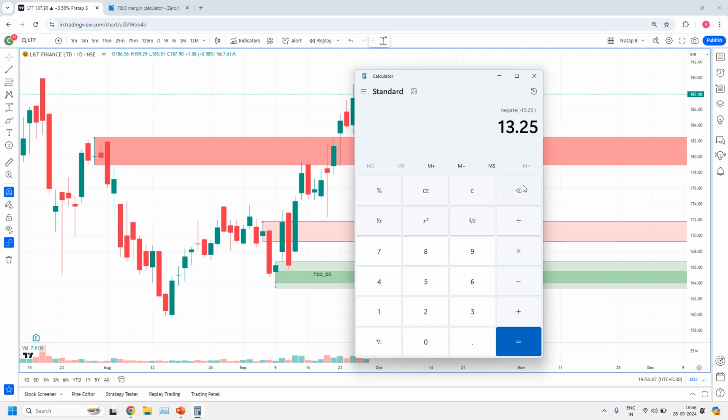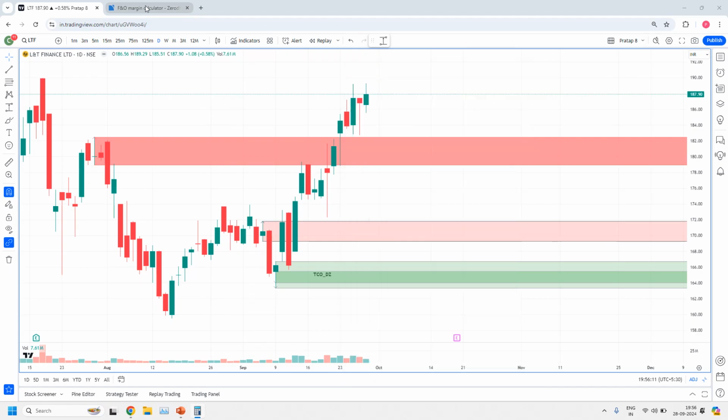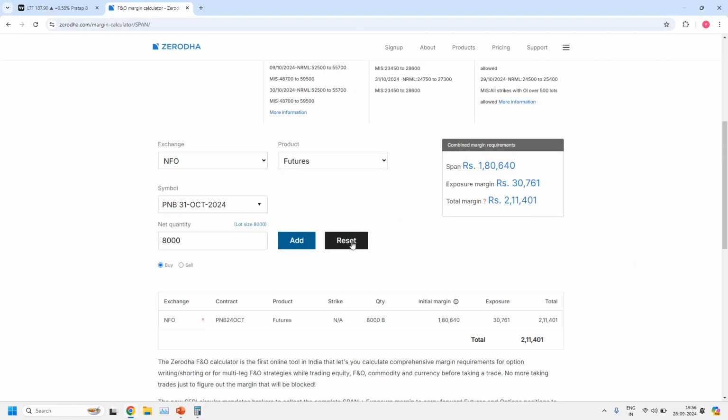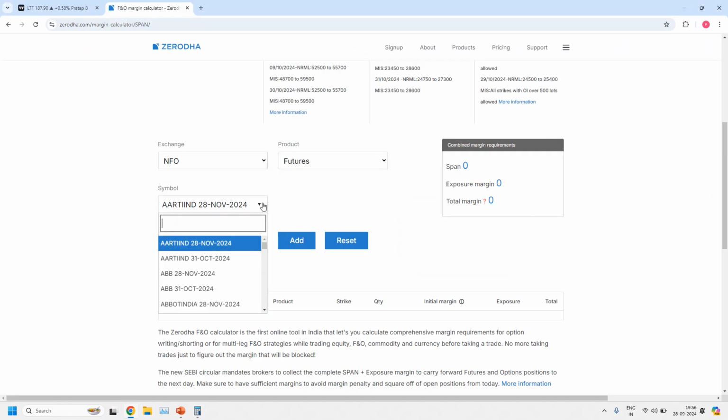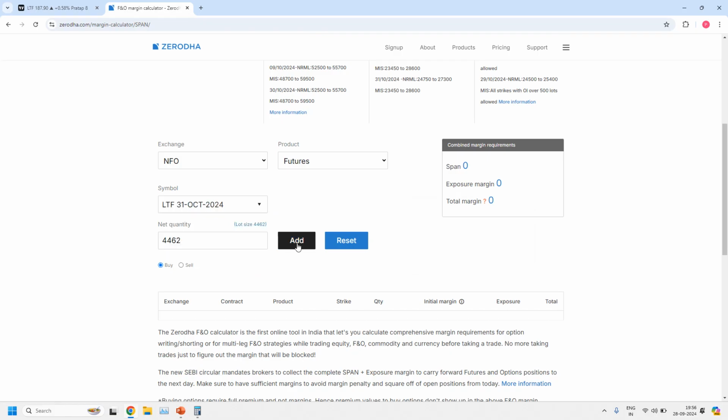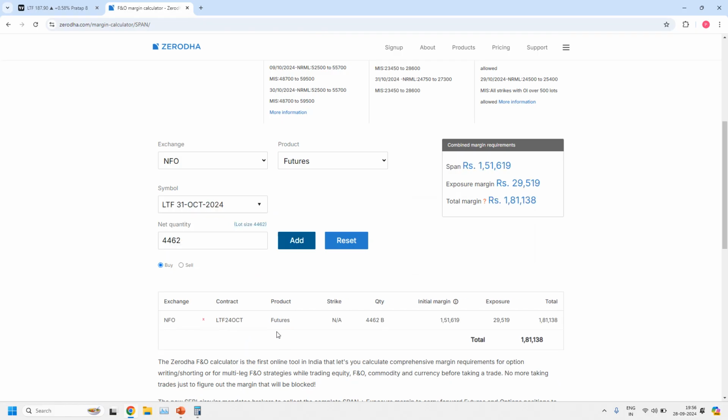Okay, 13 rupees 25 paisa profit we got. And what is the lot size? 4,462.